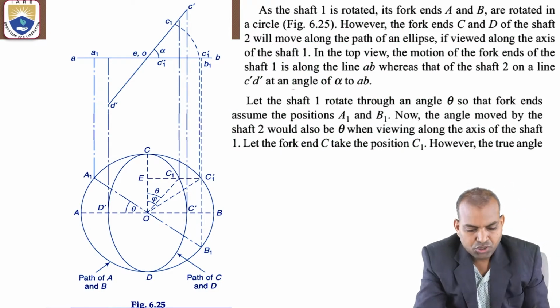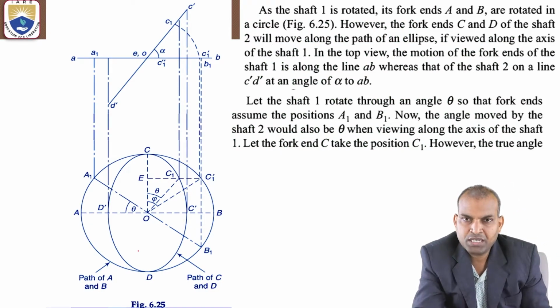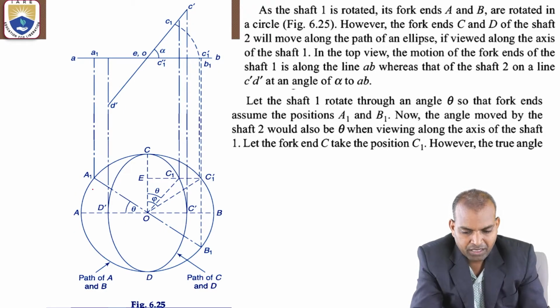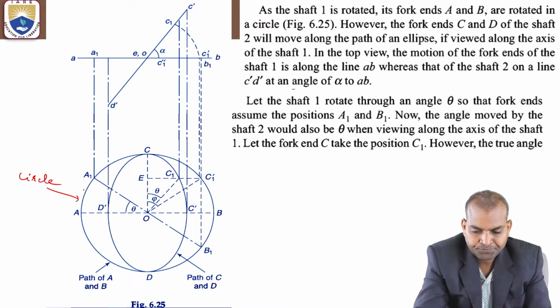Now, as shaft 1 rotates, the two fork ends A and B rotate in a circle. This AB is the path of A and B, that is a circle.